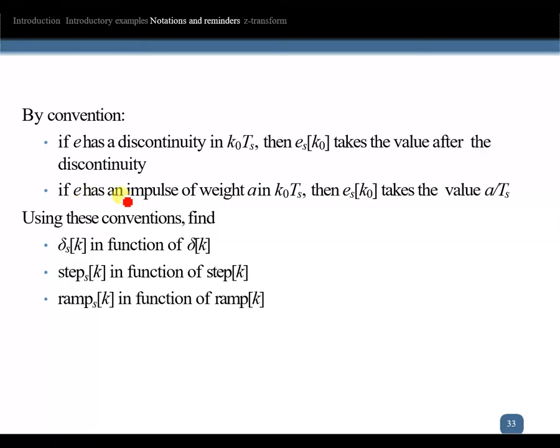If e has an impulse of weight A at k0T, then the sample takes the value of the A. Using this convention with the Dirac, the step and the ramp, you will see that the sampled Dirac is a function of the Dirac k, the sampled step is a function of the step k, and the sampled ramp becomes a function of the ramp k.